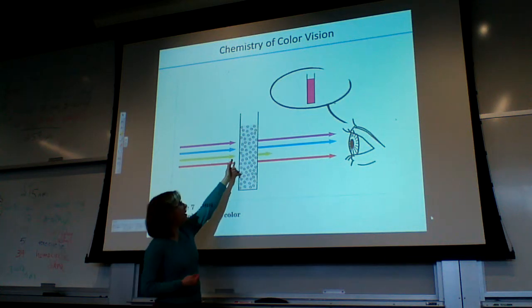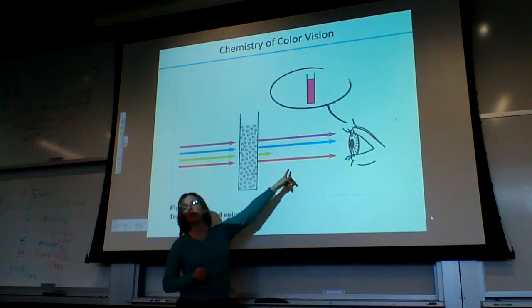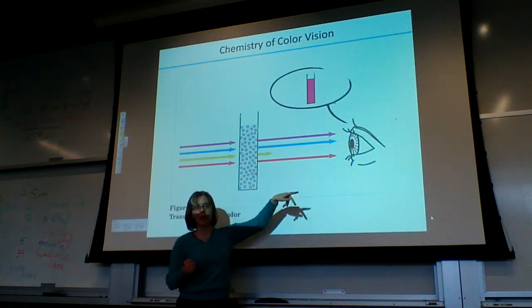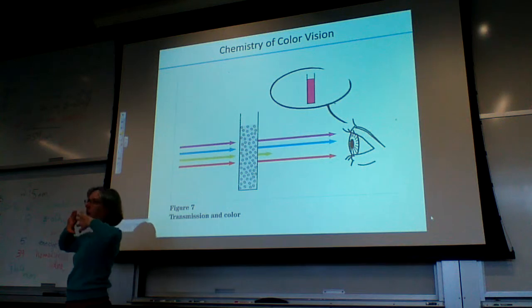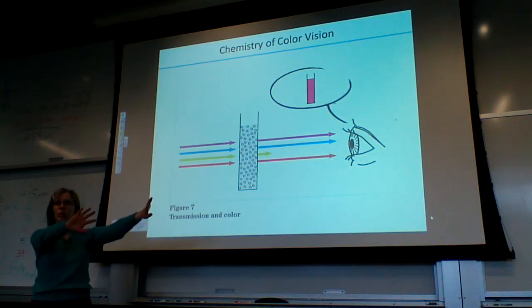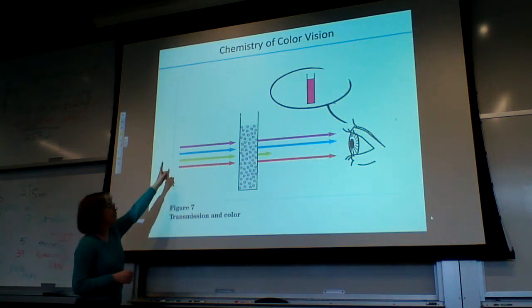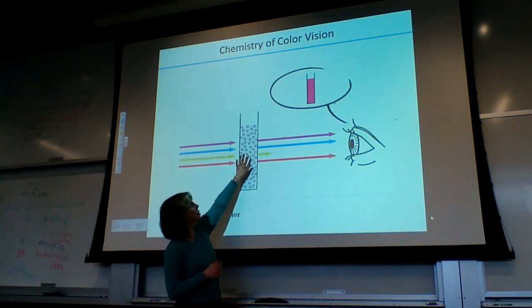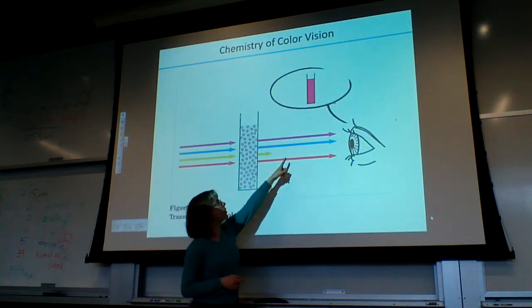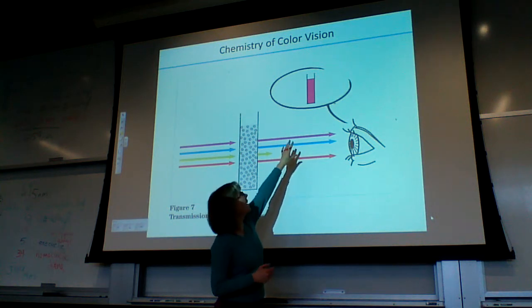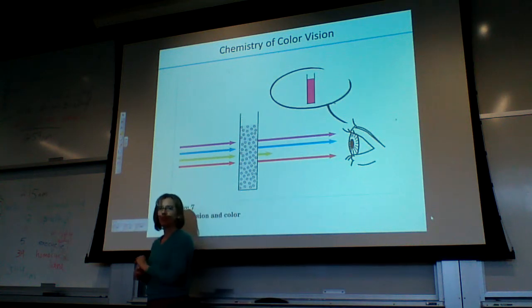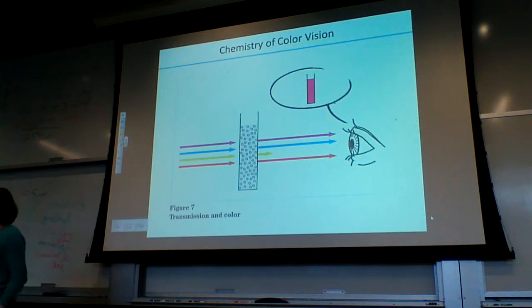And that light that gets absorbed, you're not going to see quite as intensely. So when we're observing the color, we're observing things that pass through it rather than what's being absorbed. So if you were to look at this sample and it's absorbing this yellow-green, you're going to then kind of combine everything together and think it's kind of a pinkish purple color. You see what's not being absorbed.